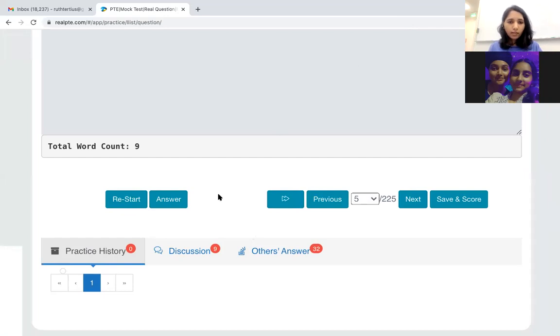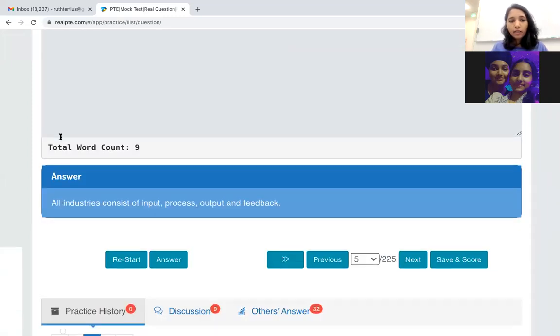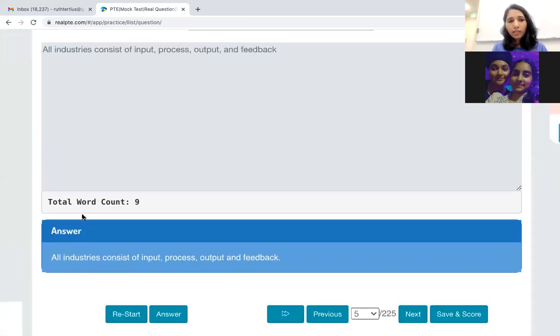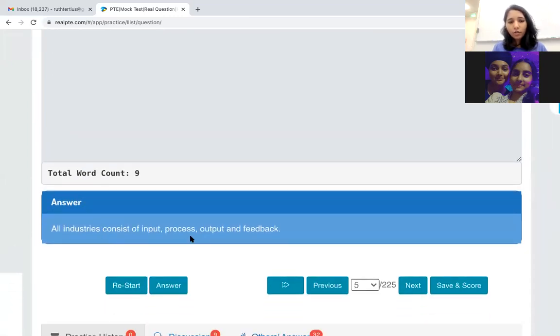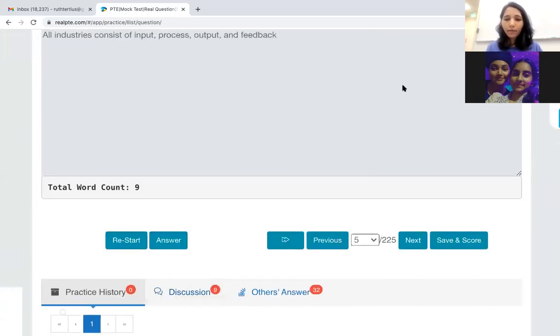Okay, you've written it. Let's look at the answer. Okay, so you've written process and feedback, right? Process, feedback. So 1 and 2. So the answer is actually all industries consist of input, comma, process, output, and feedback. Comma doesn't matter much in your writing dictation, so don't worry about that.